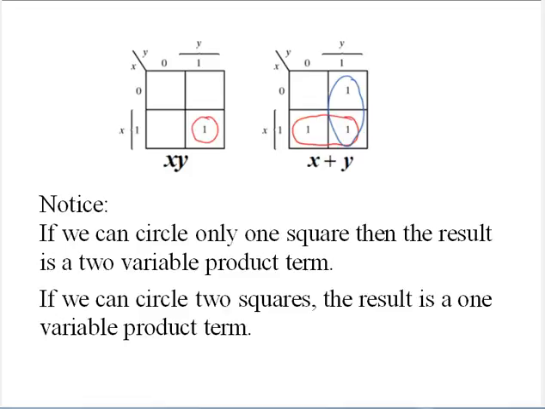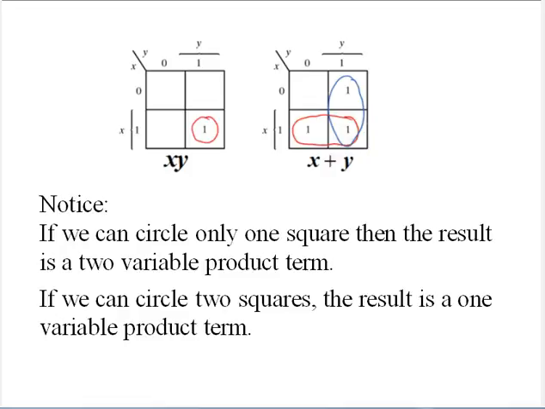So notice if we can circle one square, then the result is going to give us a two-variable product term when we have a function of two variables. If we can encircle two squares, the result is going to give us a one-variable product term.